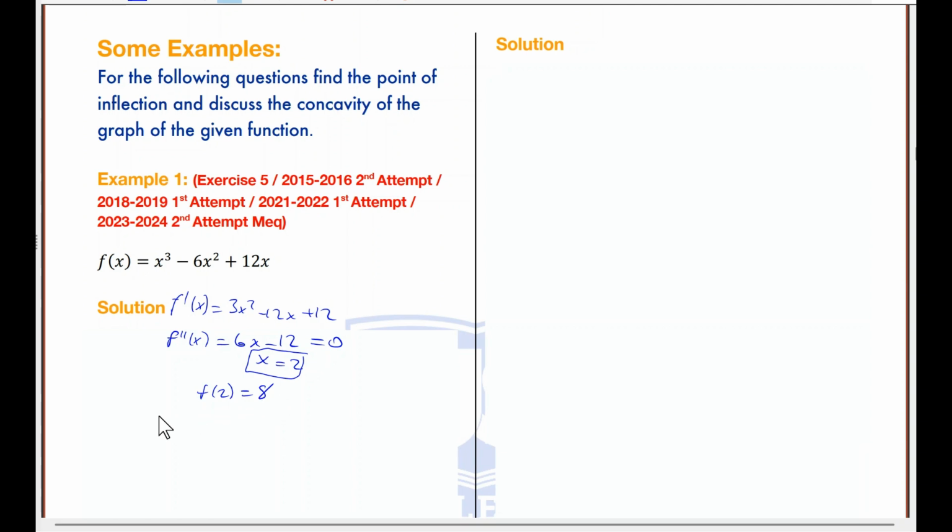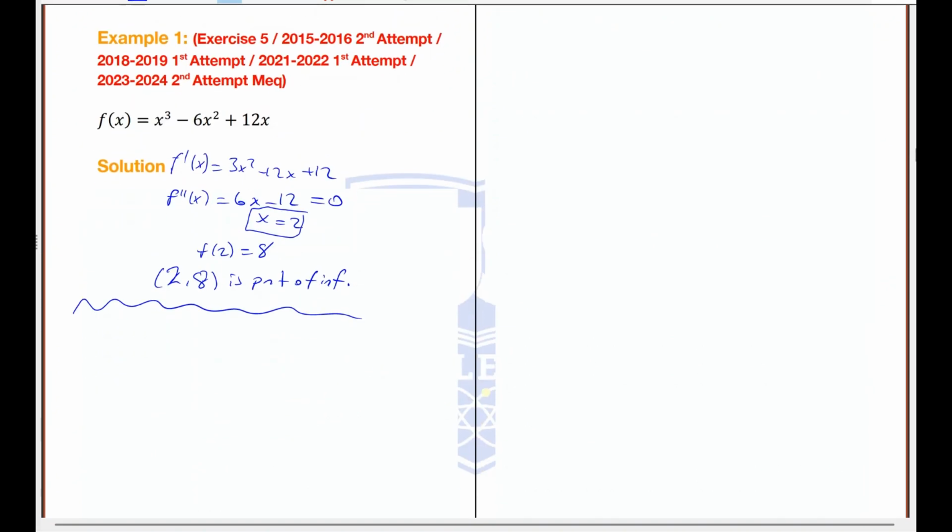So we can say x 2 comma 8 is point of inflection. Okay, at this point function is defined, so we have a point of inflection. So second part, let's make a table of variations and identify in concave convex intervals.